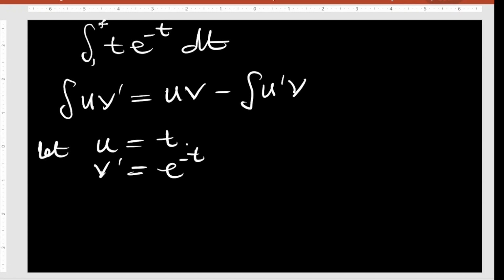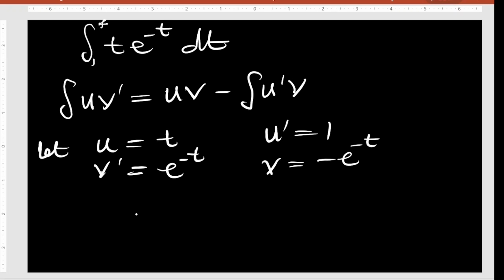If u is equal to t, then u derivative will be equal to 1. And if v derivative is equal to e exponent negative t, we integrate that to get the expression for v, and that will be negative e exponent negative t.